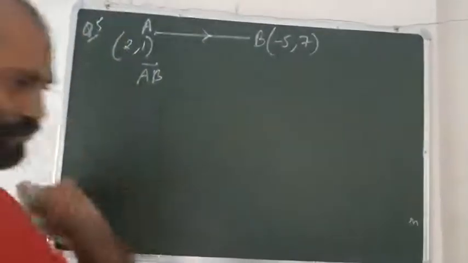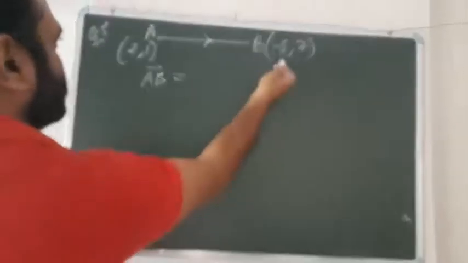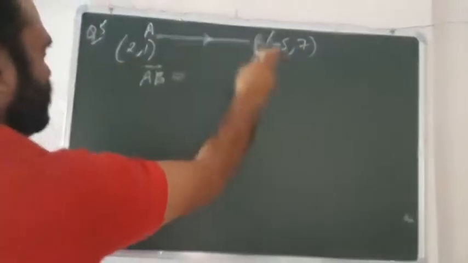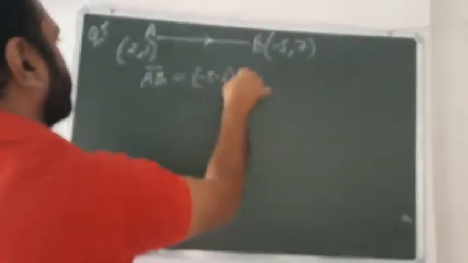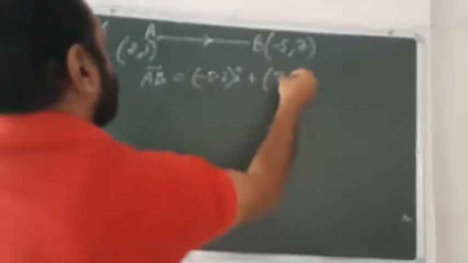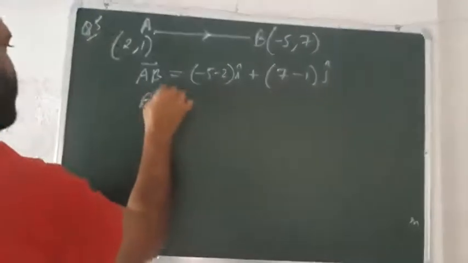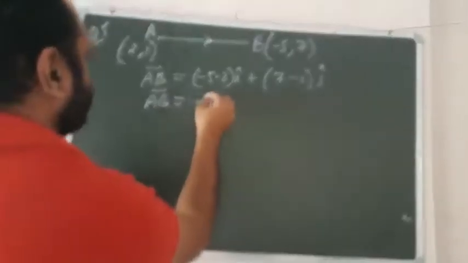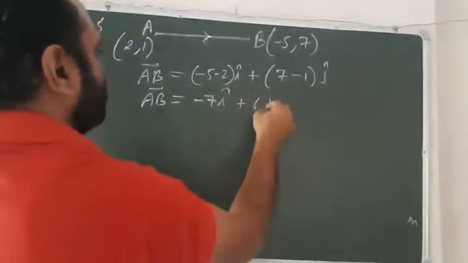So AB vector is the position vector of B minus the position vector of A. As you see, this is two dimensional, so we can write this as (-5 - 2) i cap plus (7 - 1) j cap. So the value of AB vector will become -7 i cap plus 6 j cap.